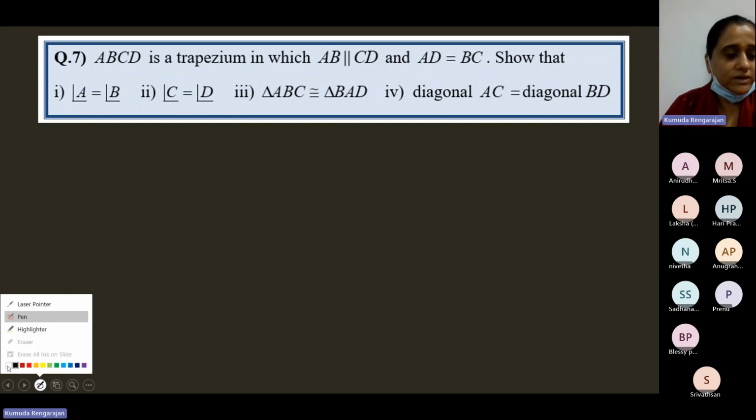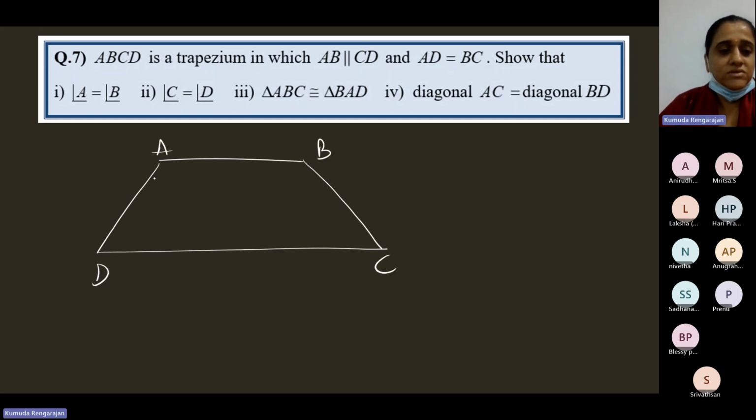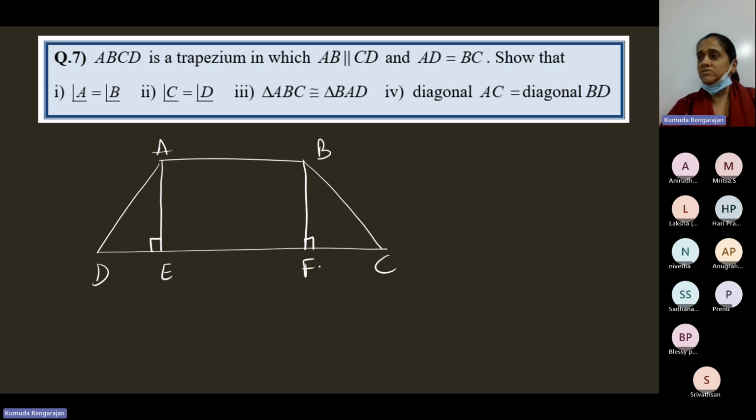So we'll just see this quickly, again. So construction: draw AE perpendicular to CD and BF perpendicular to CD. That's a construction. Now in these two triangles, this angle is equal to this angle.